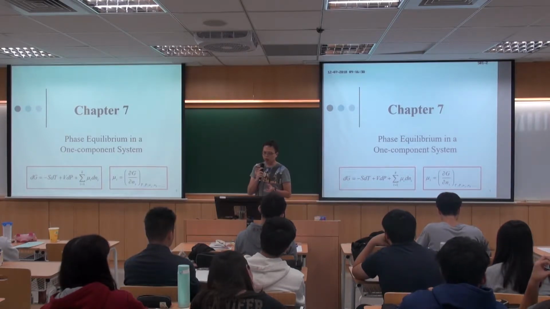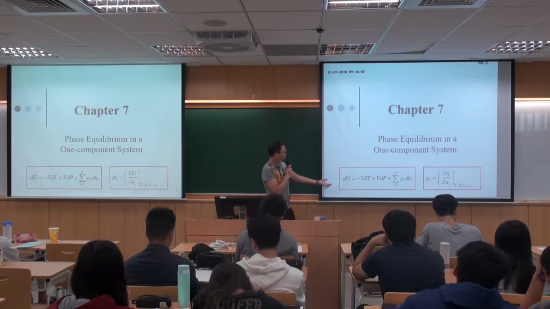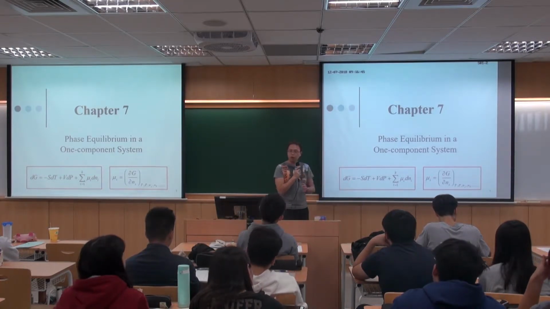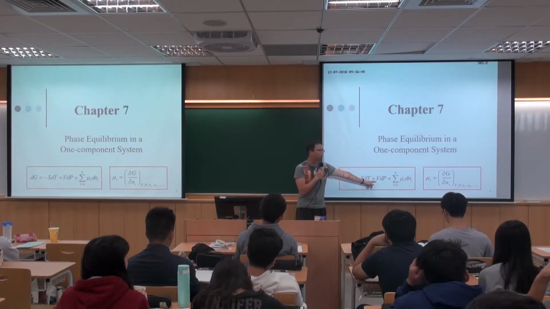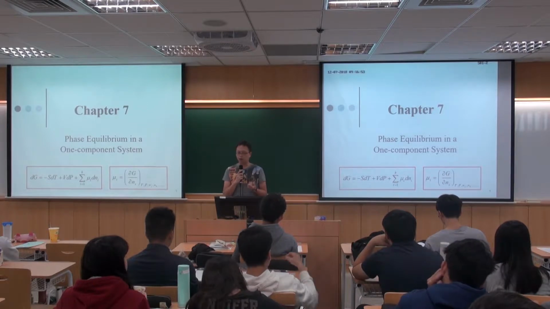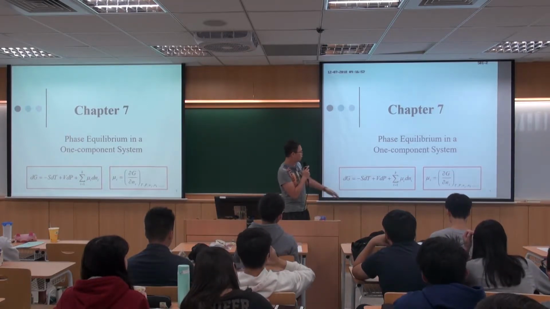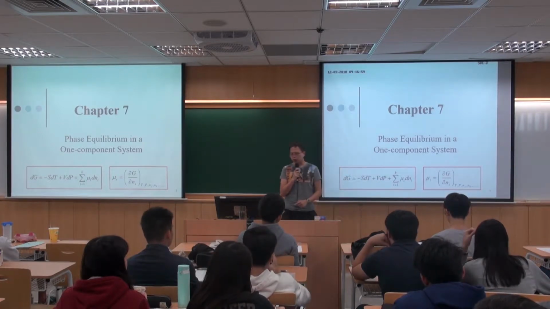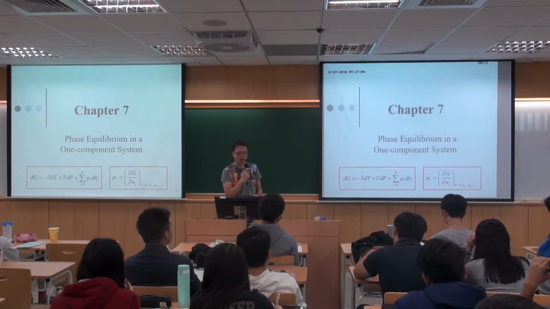When you change a little bit of your pressure, the Gibbs free energy will also change a little bit, and the rate of that change will be related to the volume, or you can say the molar volume of the material system. And the concept for chemical potential, or the molar Gibbs free energy, will be the same.